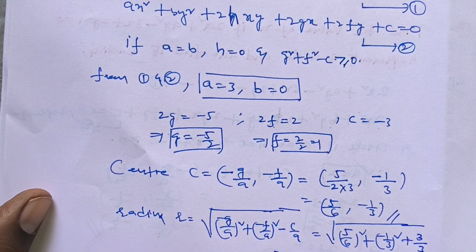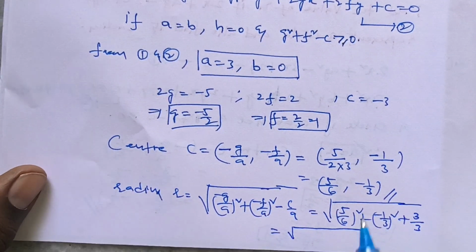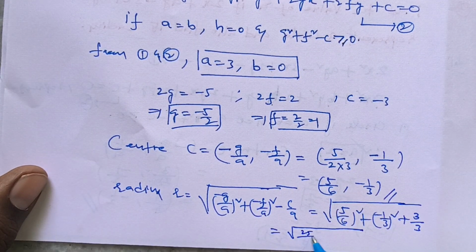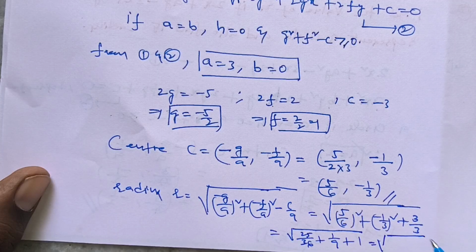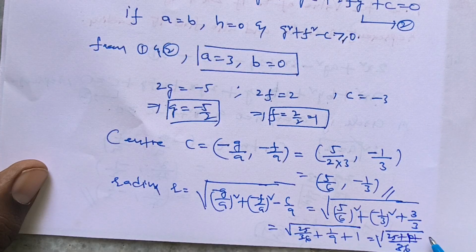So by simplifying this, we have 25 by 36 plus 1 by 9 plus 1. Here the LCM is 36. So 25 plus 4 times 1 is 4, plus 36.